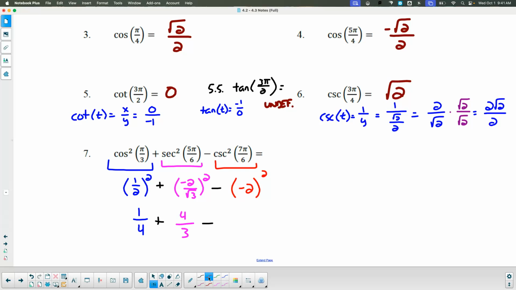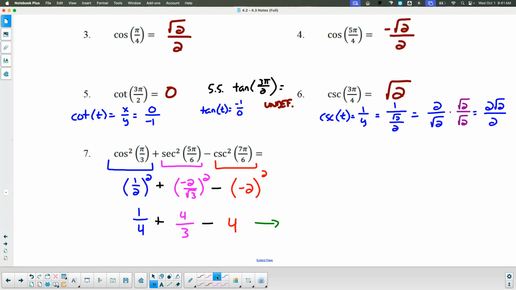Negative 2 squared then is 4. With me on this. Okay. Adding and subtracting fractions, what do I need to have? Need to have a common denominator. So what is my common denominator going to be? 12.